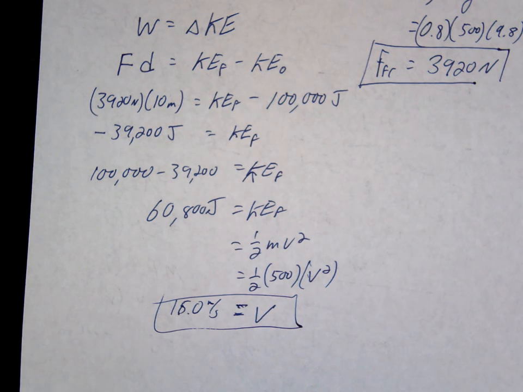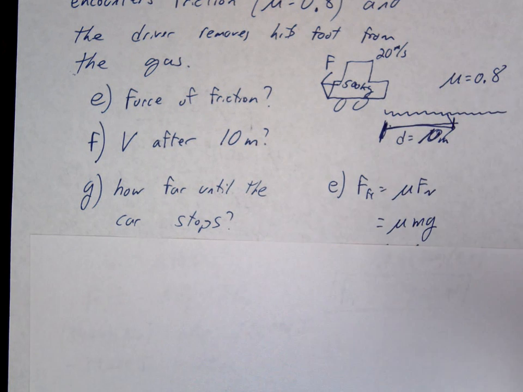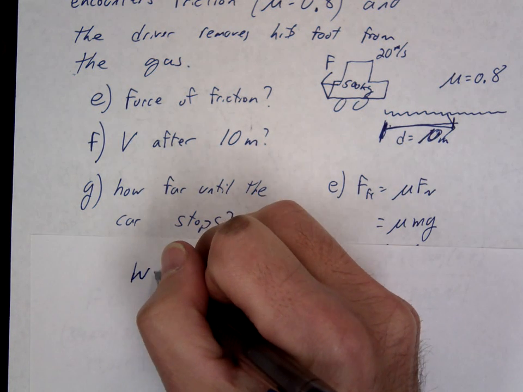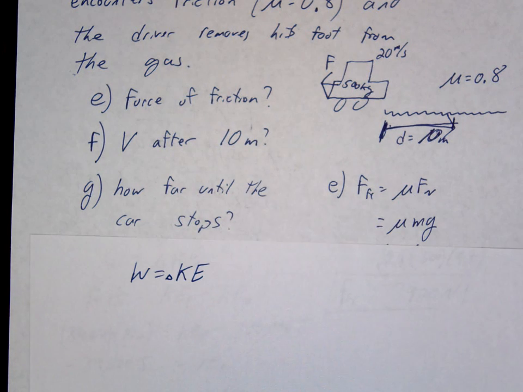So G. Okay, can I cover this up? So we want to know how far until it stops. Again, conceptually, let's think about this. I'll write the equation, but conceptually, think about it.